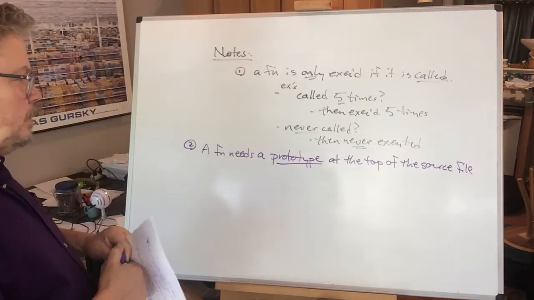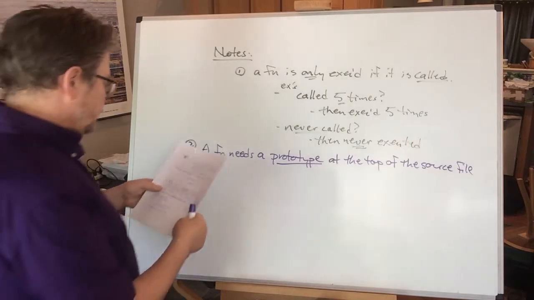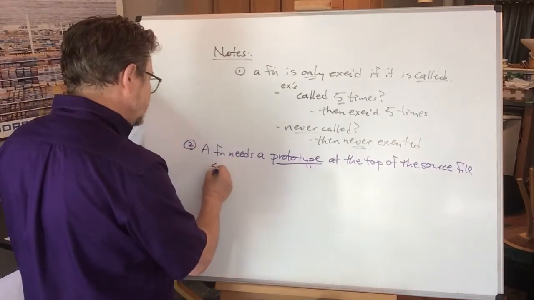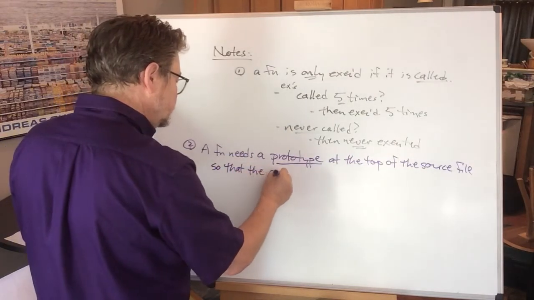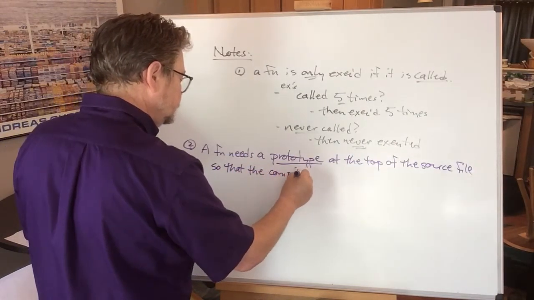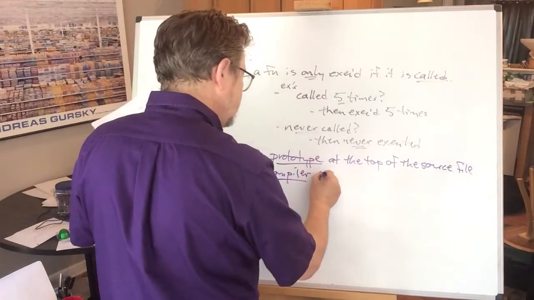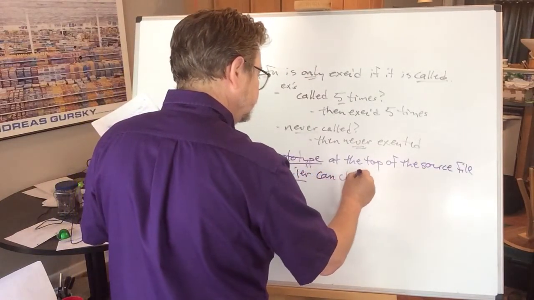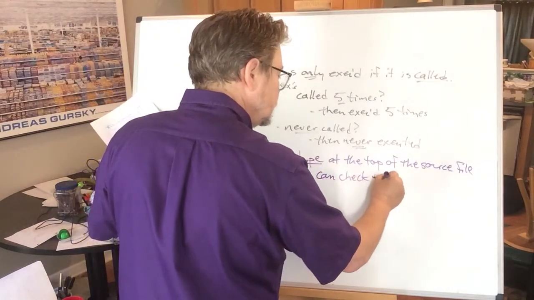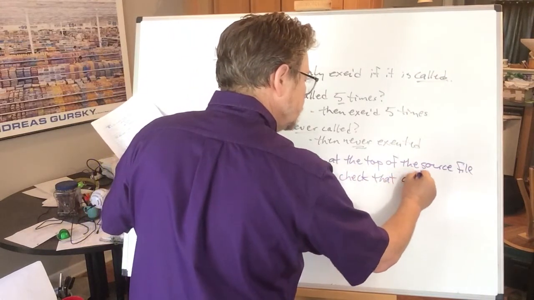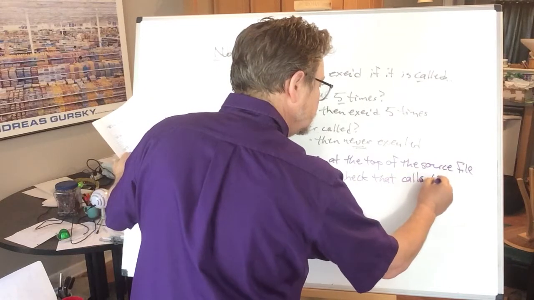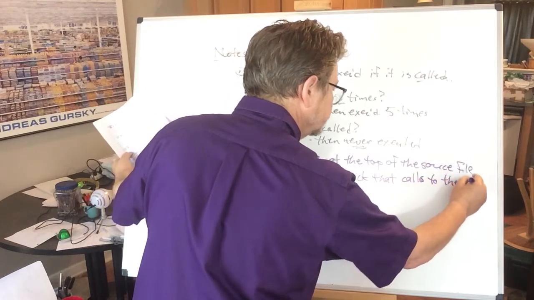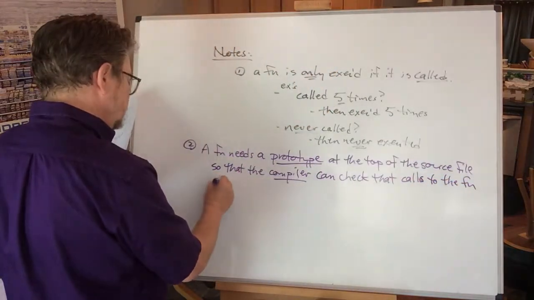A function needs a prototype at the top of the source file so that the compiler can check that calls to the function are correct.